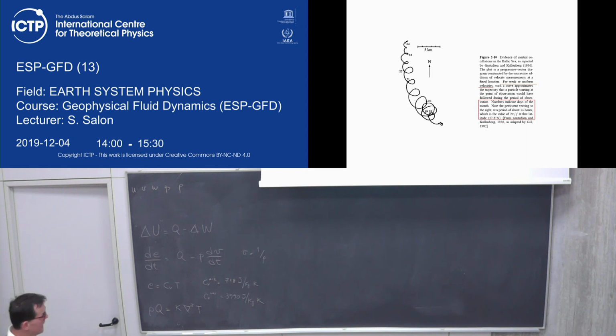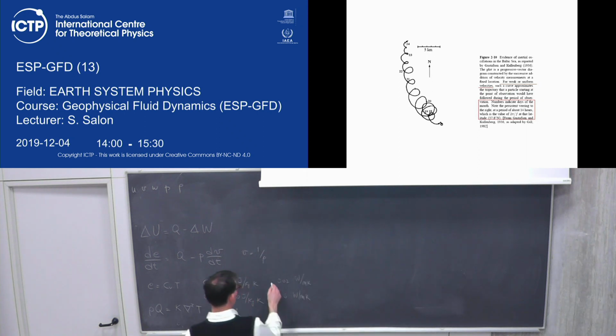So K is called thermal conductivity. The thermal conductivity for the air is 0.02 watt per meter Kelvin, while for the water it is 0.6.